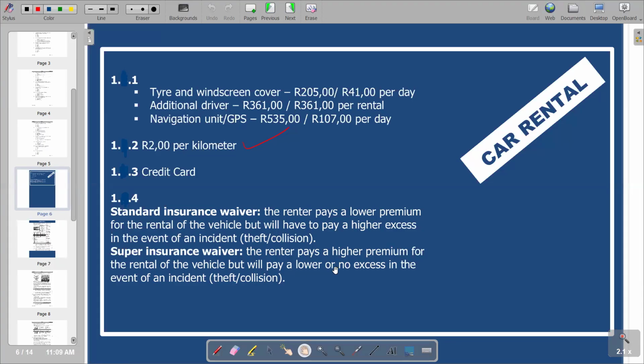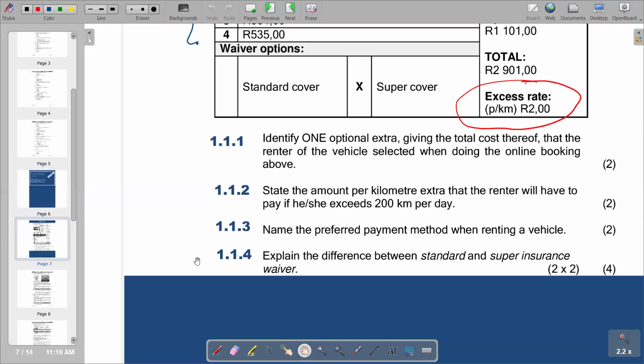So the excess will be lower or even no excess, whereas standard insurance has a higher excess. This is one of the differences we can deduce between standard insurance waiver and super insurance waiver. So this becomes the last part of our question.